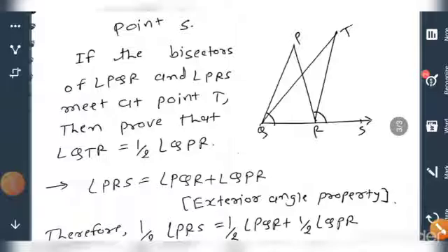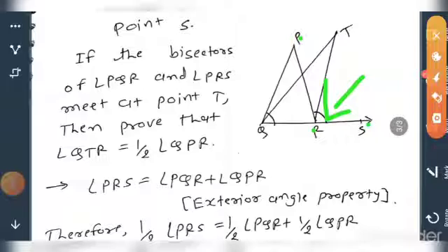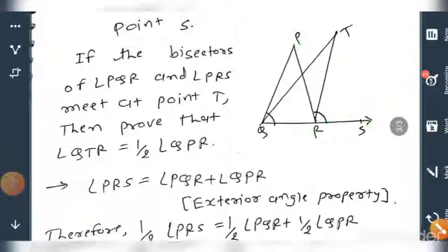Let's use the exterior angle property of the triangle. Here angle PRS is the exterior angle. The exterior angle equals the sum of angle QPR and angle PQR.